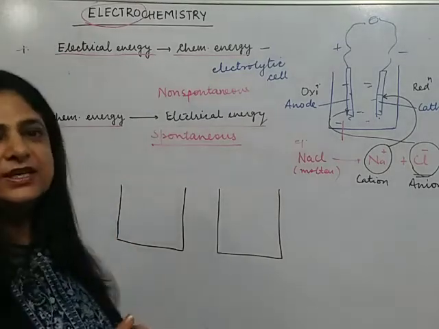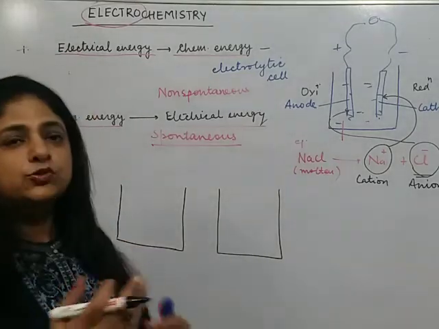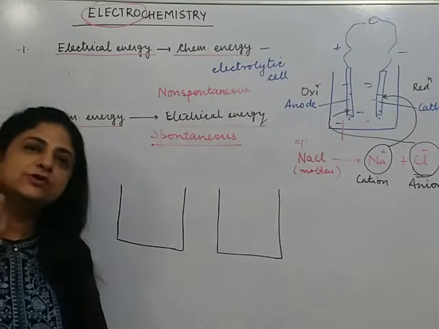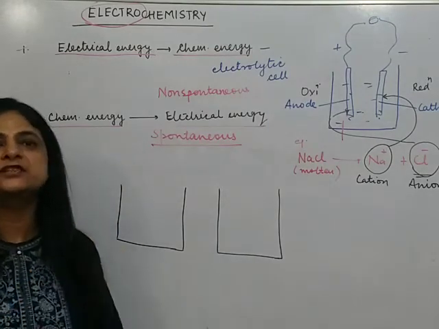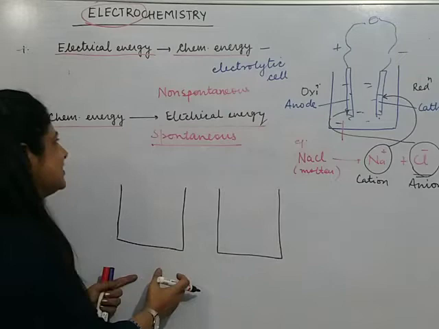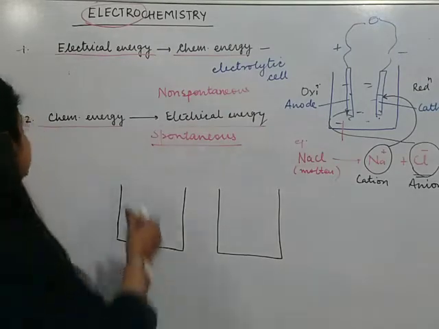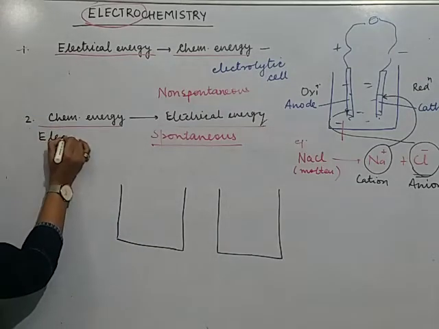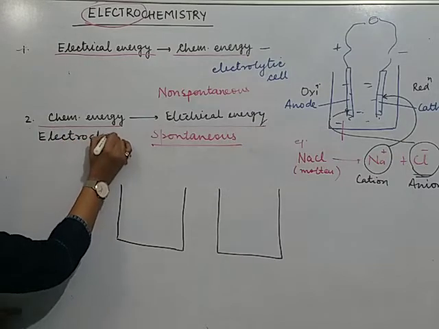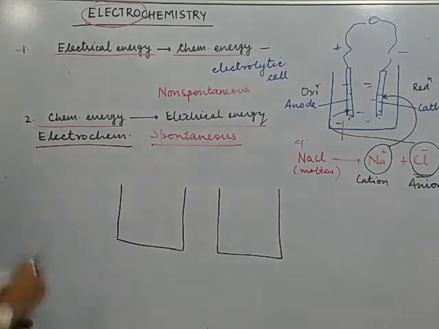So in this case we have to take two different metals dipped in their corresponding solutions. To understand this type of cell, which is the electrochemical cell, we need to understand its construction.